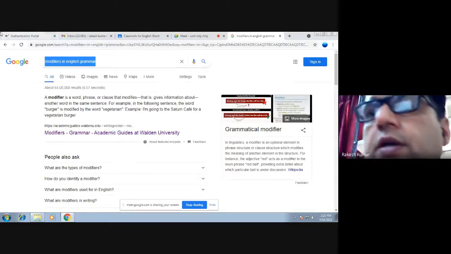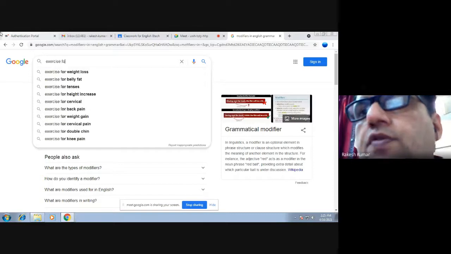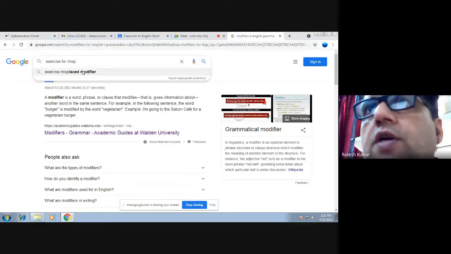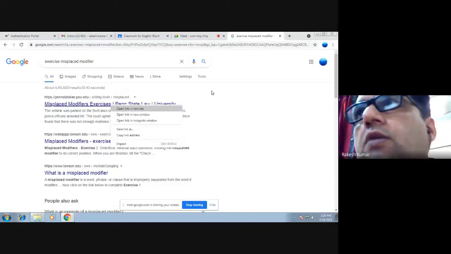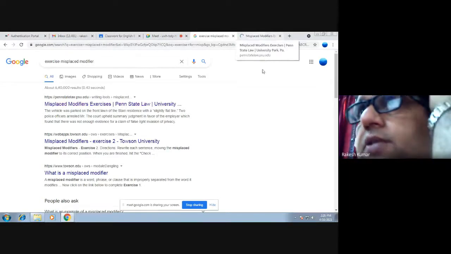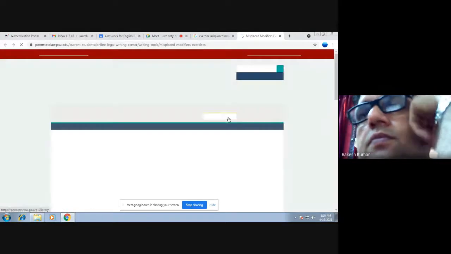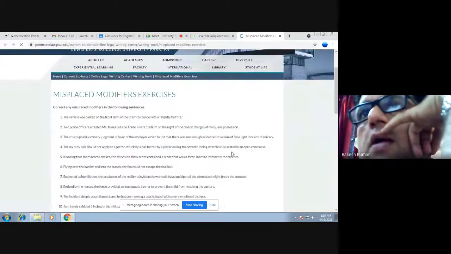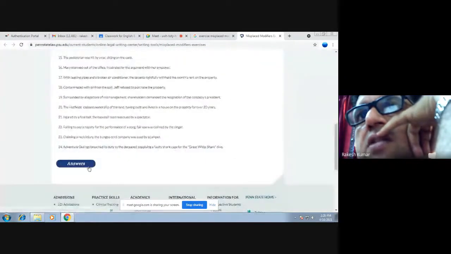Exercise for misplaced modifier. Okay, it comes over here. Let's see what exercise it says. This exercise is from Penn State University. Correct any misplaced modifier in the sentence. We have answers as well over here.